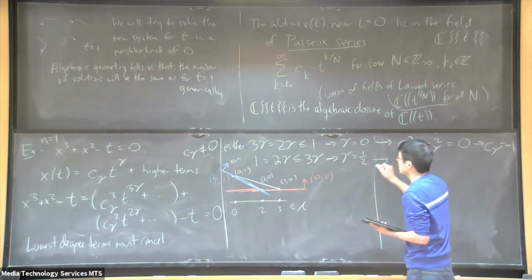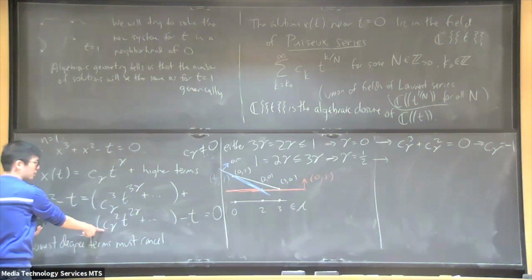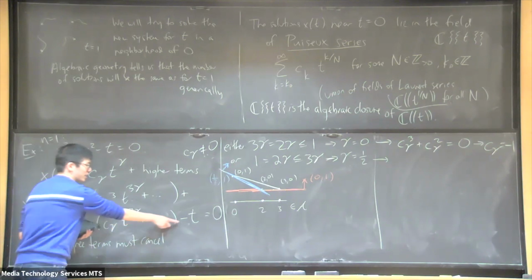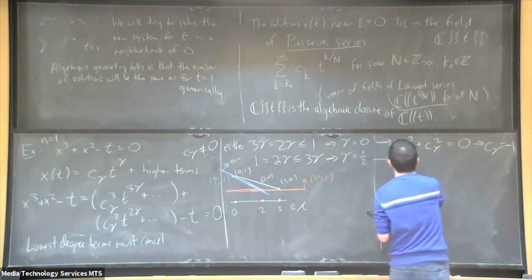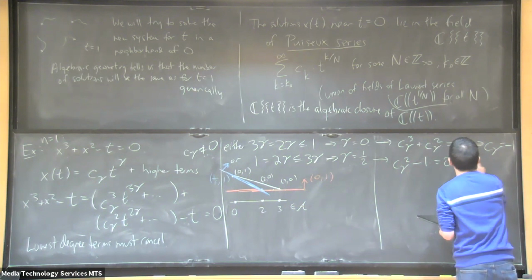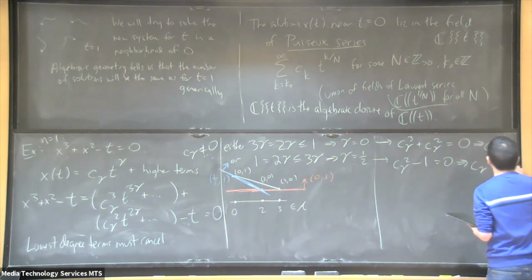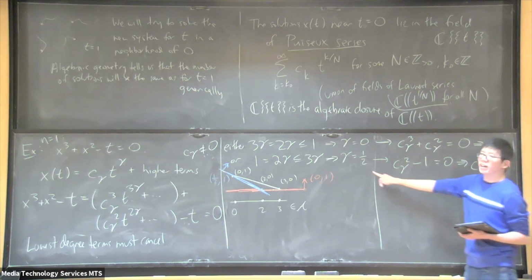And likewise, for this one, the -t is supposed to cancel out with this term, so we need C gamma squared to equal 1. This implies C gamma squared minus 1 is equal to 0, so C gamma is plus or minus 1. Okay, so that tells us what the lowest degree term of x of t has to be. It has to be either -1 or plus or minus t to the 1/2.